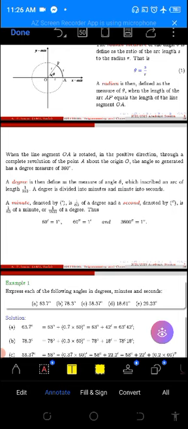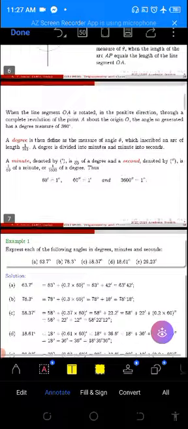Thus, a degree is equivalent to 60 minutes, and 1 minute is equivalent to 60 seconds.